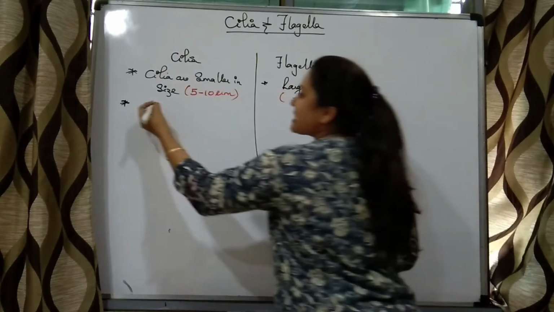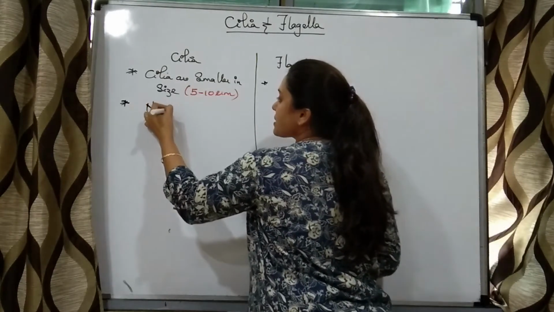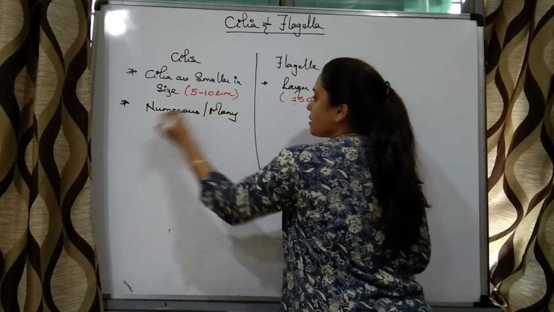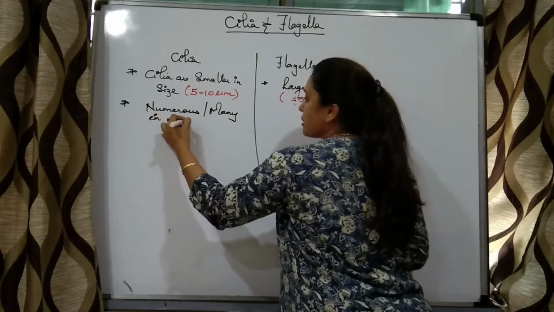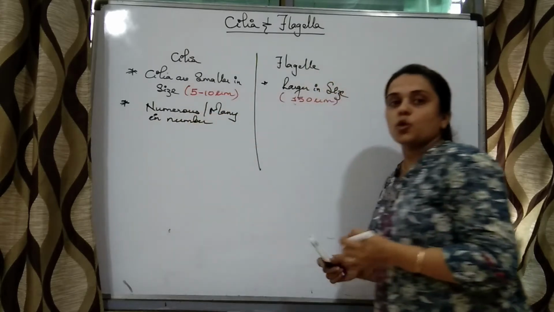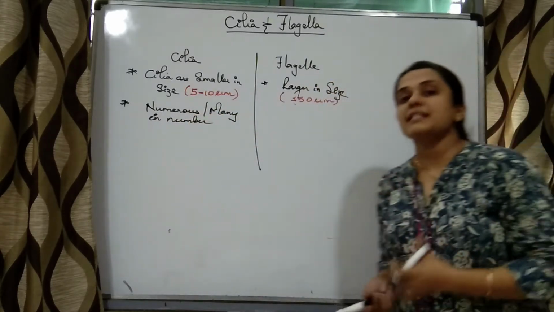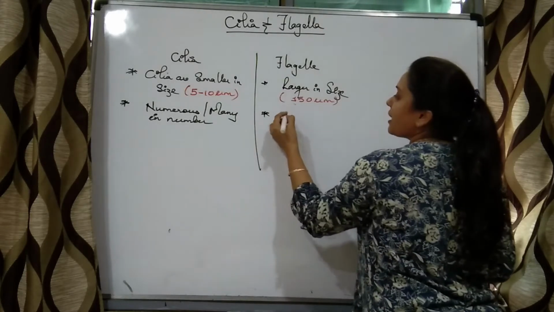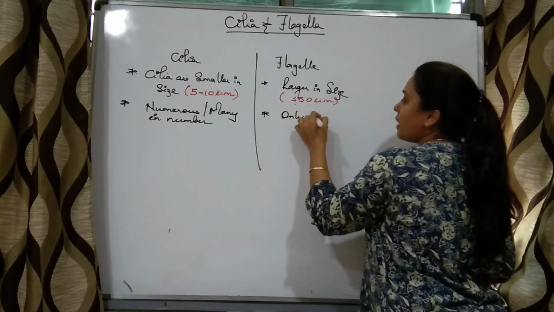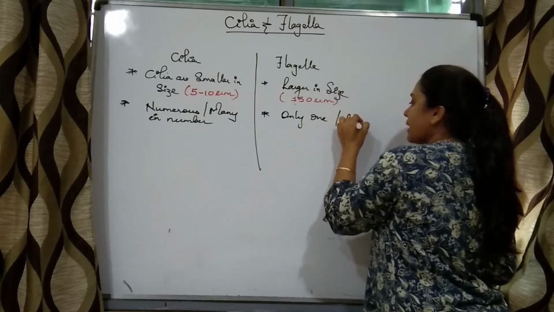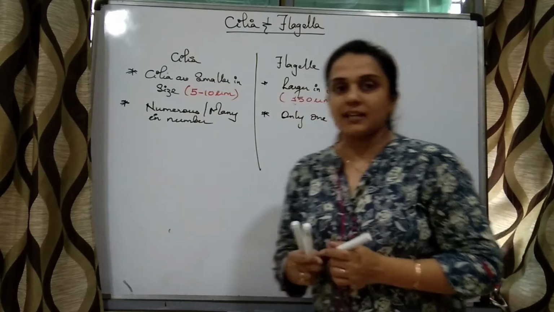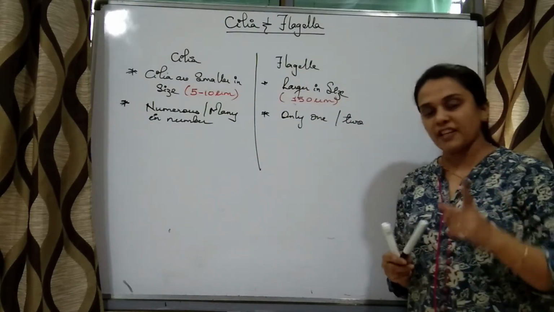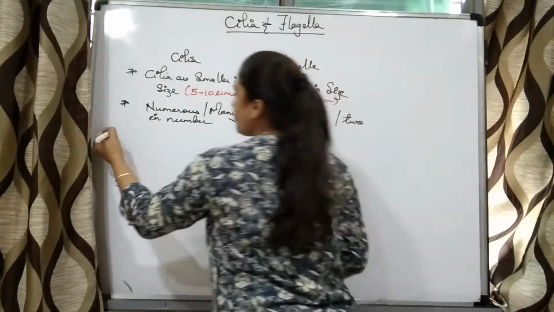Cilia are numerous, many in number, so a cell will possess numerous cilia, whereas flagella is only one, or there can be two flagella.